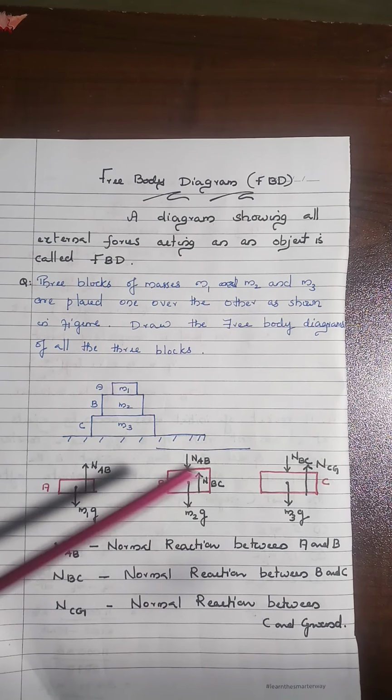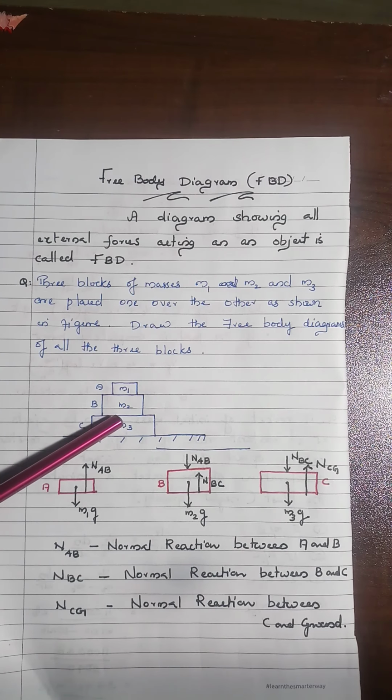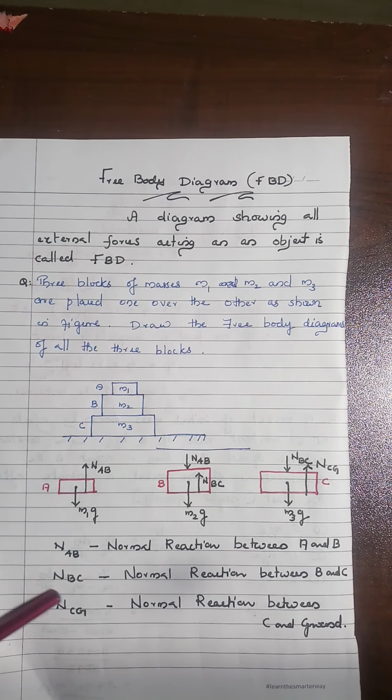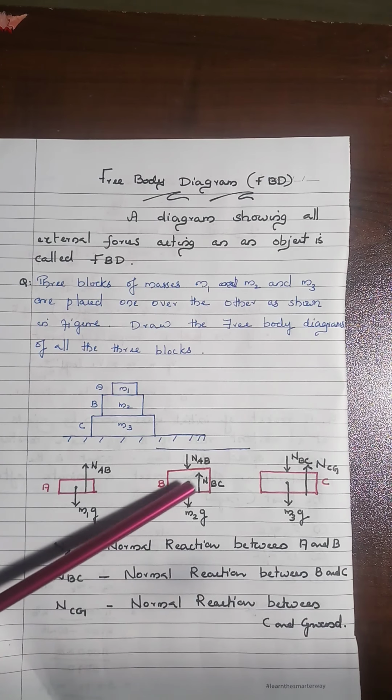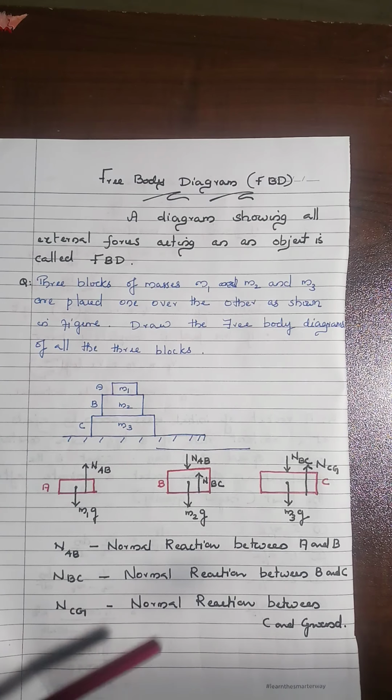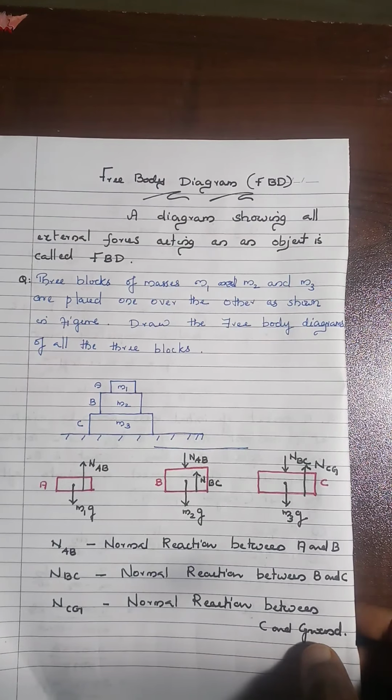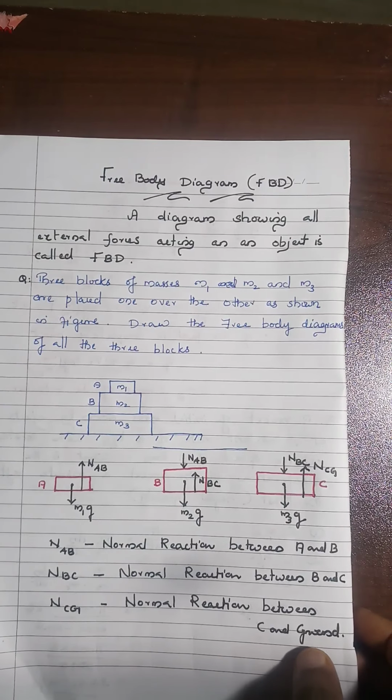And similarly for m3: weight, the m2 will give a reaction, and the ground will give another. NAB is the normal reaction between A and B, NBC the normal reaction between B and C, NCG the normal reaction between C and ground. So this concept is very, very important. We can go through a lot of problems in the next video.